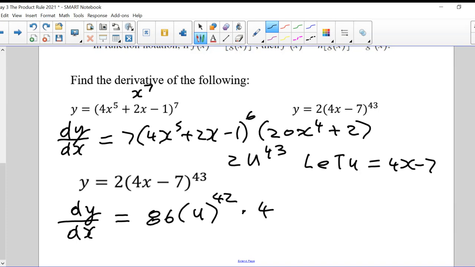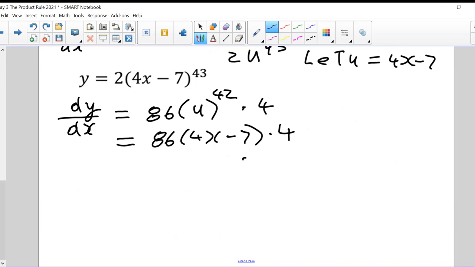But now I have to put that u back into the equation. So the actual dy/dx would be equal to 86 times the u, remember, was the 4x minus 7, and then multiply that by 4. I need some help. What's 4 times 86?